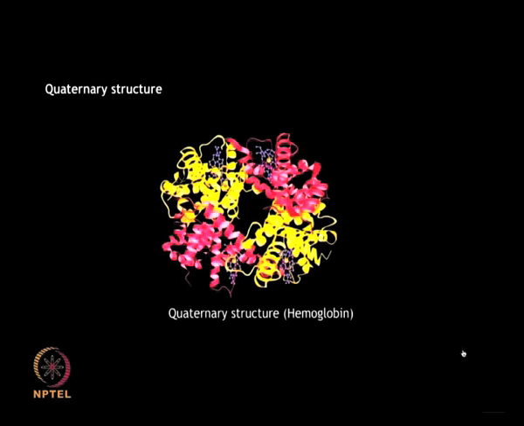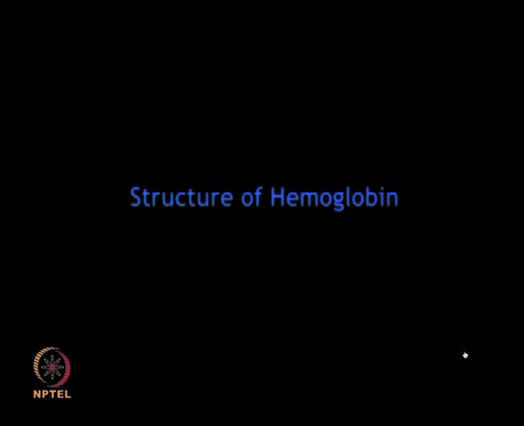Such multi-subunit proteins have a quaternary structure, which is the final level of protein structure. Hemoglobin is a heterotetramer composed of 2 alpha and 2 beta chains.